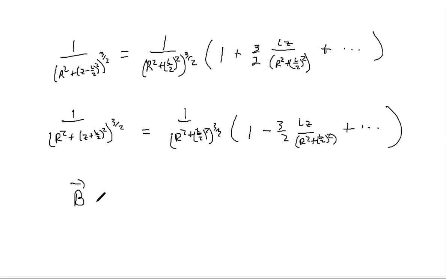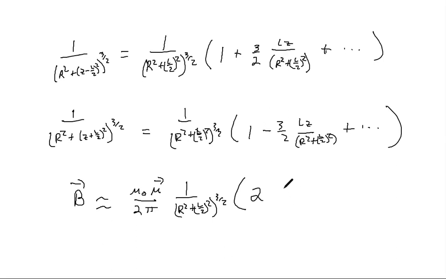So the magnetic field, for small z, is going to be mu naught times mu over 2 pi, that was the prefactor, divided by (R squared plus L over 2 squared) to the 3 halves, times, when you add them together, you get 2.